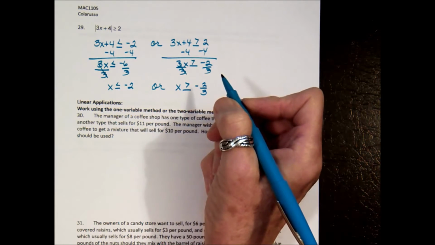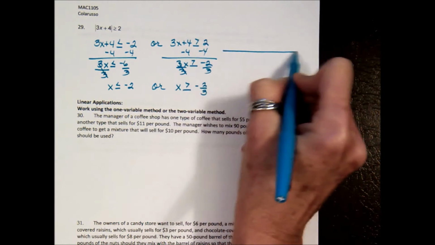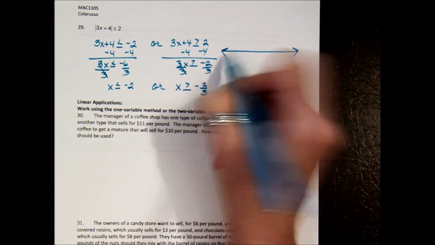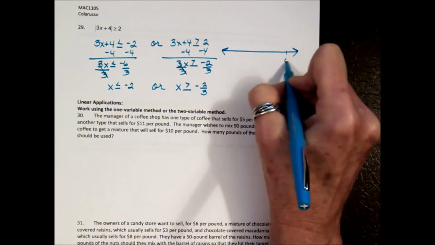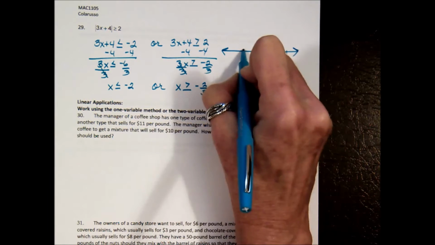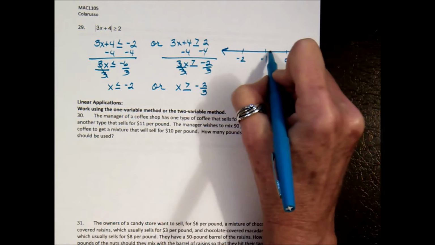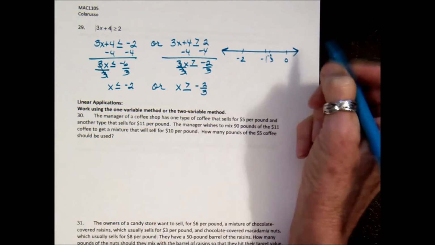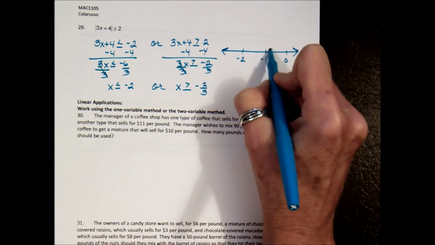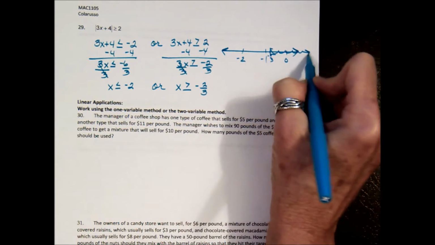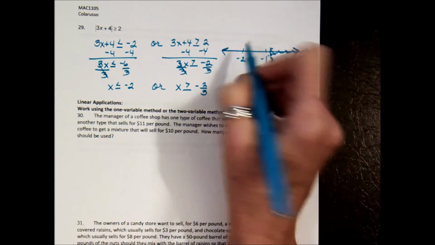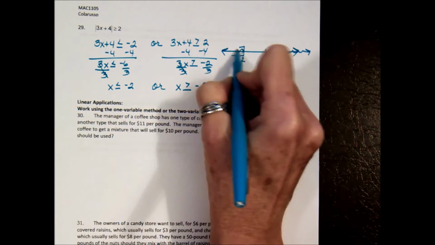Now, let's do the number line first, and then we'll do the interval. This is the one where the interval's hard. So if this is 0, -1, -2, here is -2/3. It's greater than or equal to that, so it's going that direction from that one, but it's less than or equal to -2, so it's going that direction on that one.